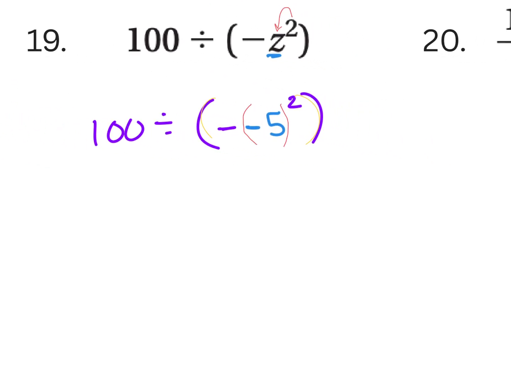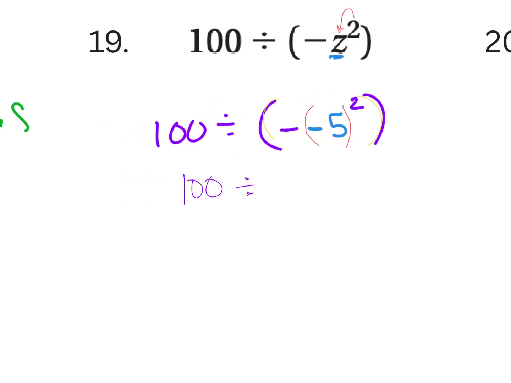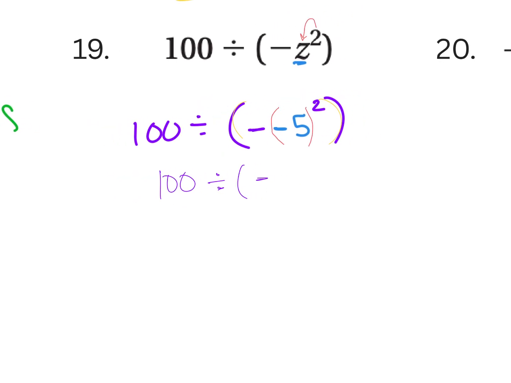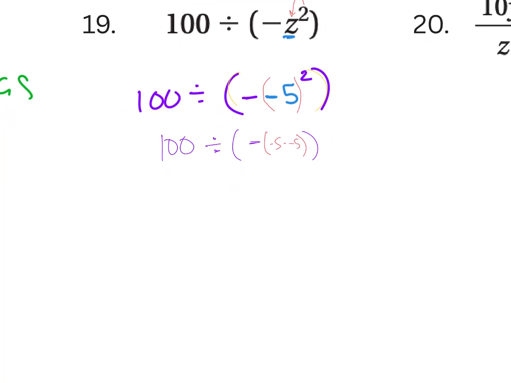So we have 100 divided by parentheses negative, and then this is negative 5 times negative 5, okay? 100 divided by negative, and negative 5 times negative 5 is positive 25. Again, I'm using colors to kind of communicate the specific steps. Now, 100 divided by negative 25 is negative 4.